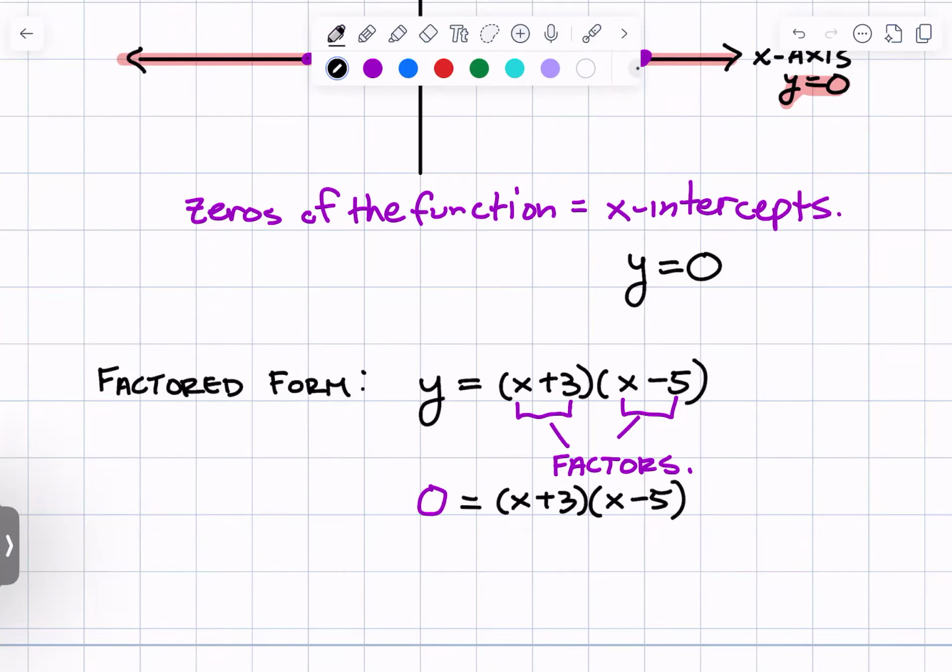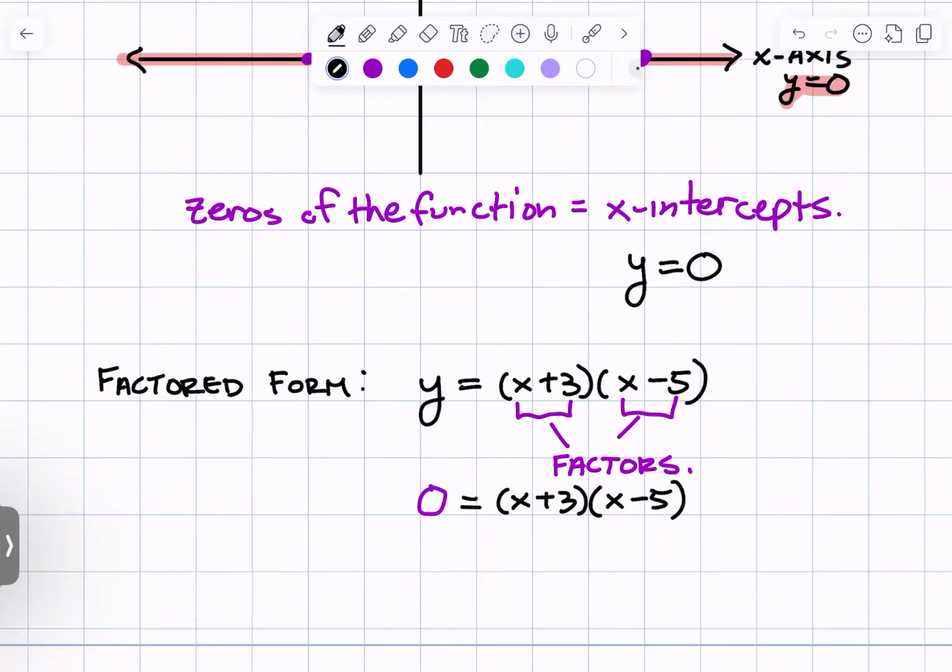Because I said times. If you read it out loud, 0 equals x plus 3 times x minus 5, so we're multiplying the two things, correct? X plus 3 and x minus 5 are just numbers. They just represent numbers.